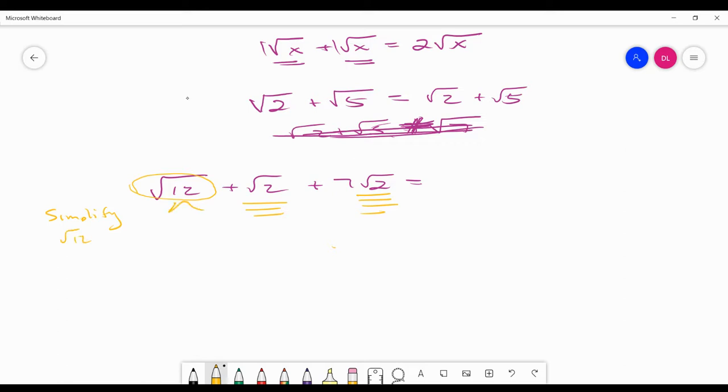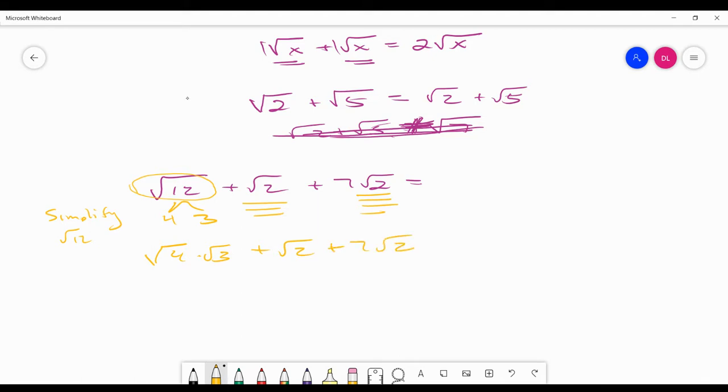Well, we're going to break it down into two pieces: 4 times 3. Okay? So let's see what we come up with. Let's rewrite this one, which is the square root of 4 times the square root of 3 plus the square root of 2 plus 7 square roots of 2.